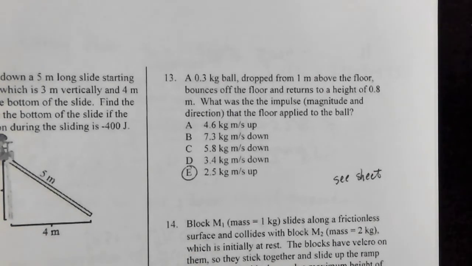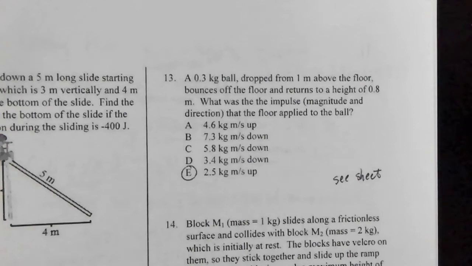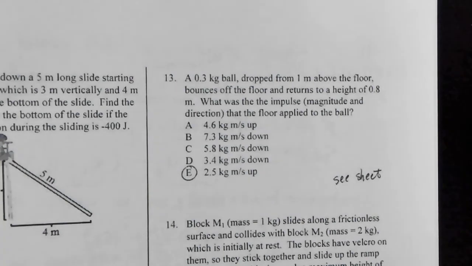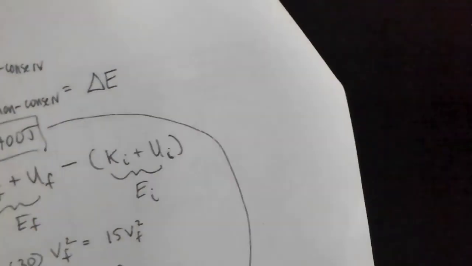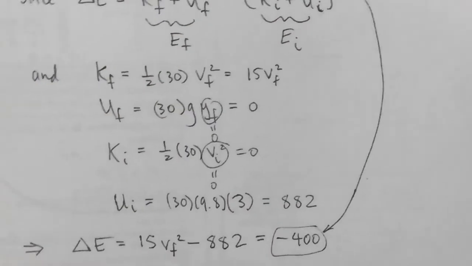It goes down with a certain speed, but it won't come up with quite the same speed. This is how real balls bounce. If you drop a basketball from 1 meter, it doesn't come up to 1 meter. It's a little bit short. Okay, so everybody think about whether you know how to do this problem.